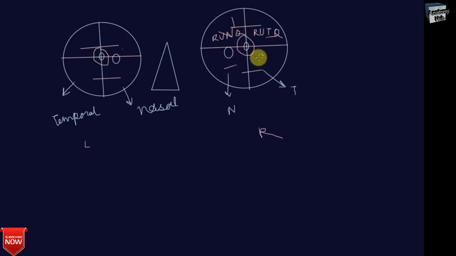Like that, here you will find the lower quadrants. You will find the right lower temporal quadrant, and this side will be your right lower nasal quadrant.